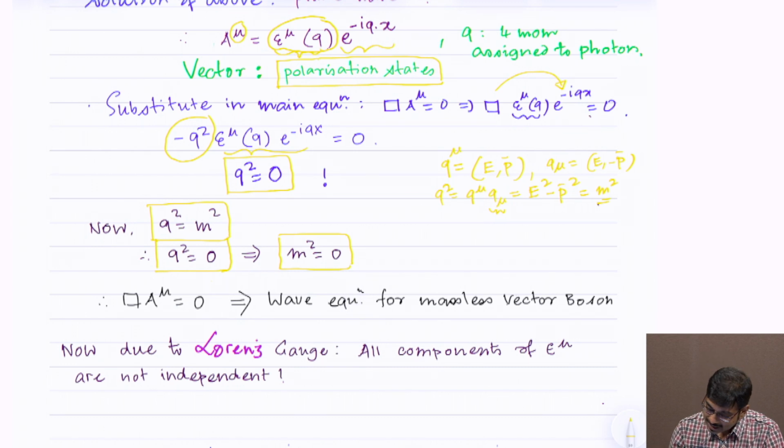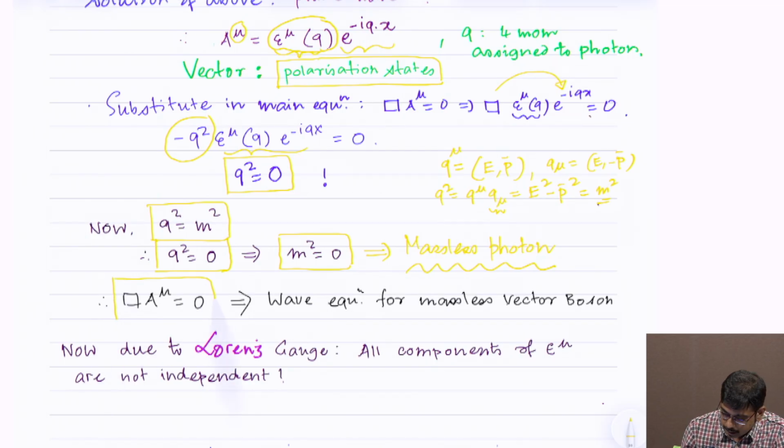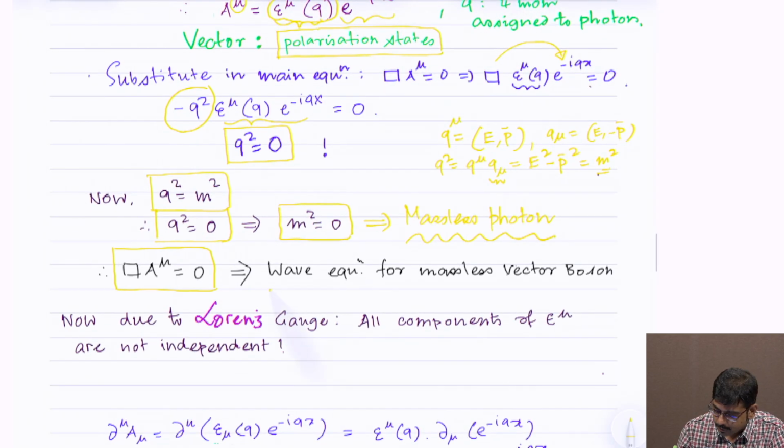And so this is essentially describing a massless photon. So whenever you have an equation of this particular kind, box of A mu equal to 0, this is a wave equation for a massless vector boson.